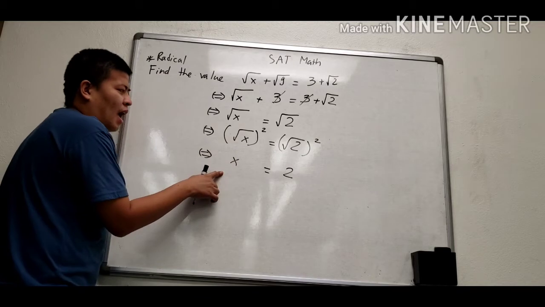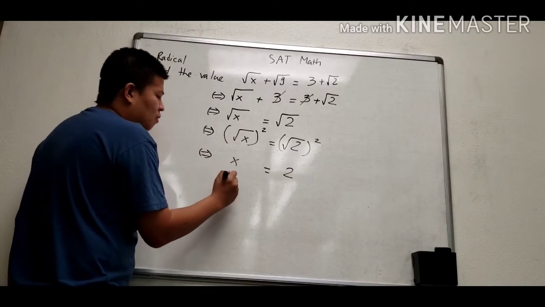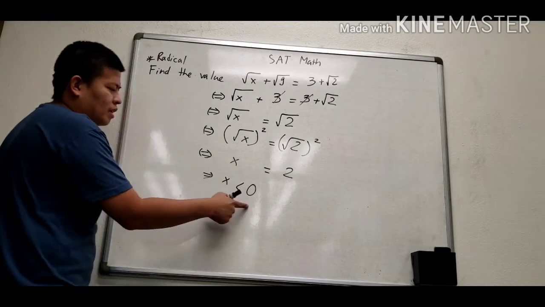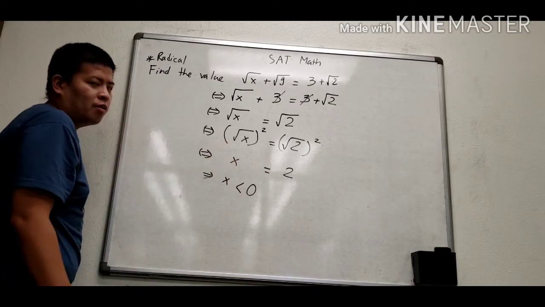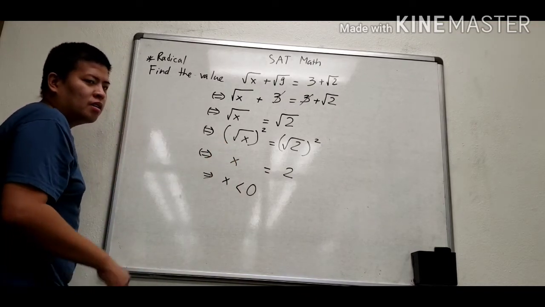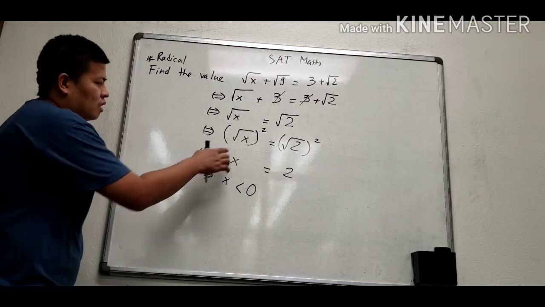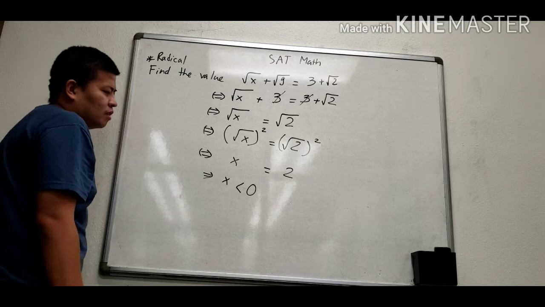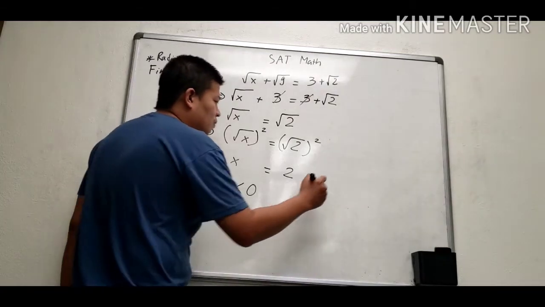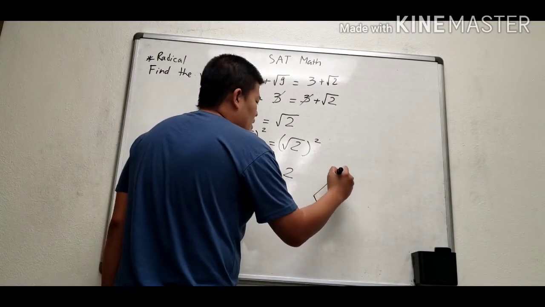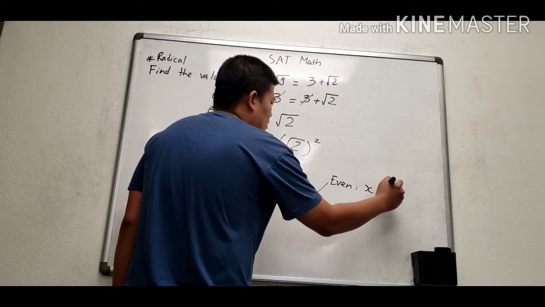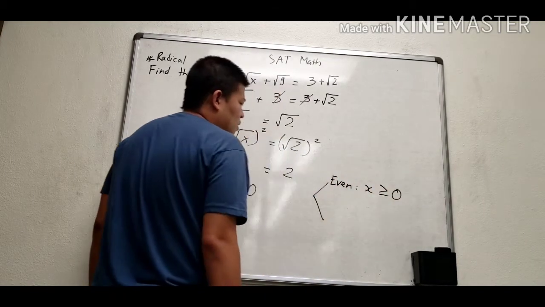Because inside the s, we cannot allow s below 0, because when we do the even radical, just the square root, they cannot allow below 0. So I will show you. If the root is even, the domain should be s more than or equal to 0.